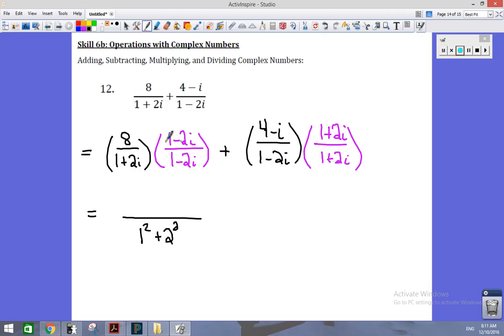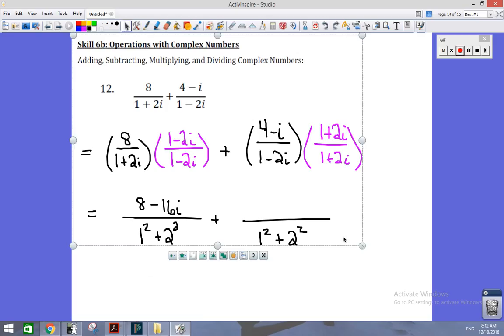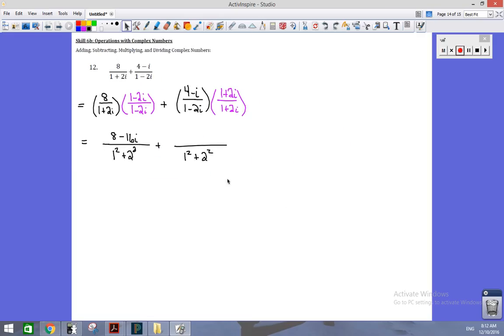And here I don't need to make a table. All I'm going to do is distribute 8 to both of these terms, and I've got 8 minus 16i. Now over here, I've got 1 squared plus 2 squared. Kind of nice because I can see that these are going to be the same denominator. And here in the numerator, since I have a binomial times a binomial, I'm going to do a little bit of scratch work on the side to multiply it using a table.